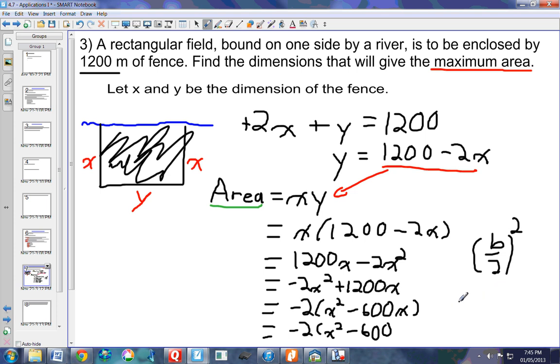In this case, we're talking about negative 600 divided by 2 squared, which is negative 300. Negative 300 squared is 90,000. So we're going to add that 90,000. And then we're going to subtract that 90,000.